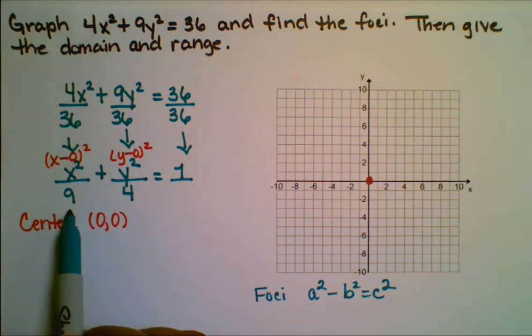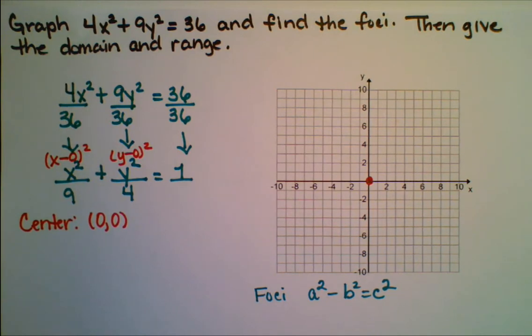The easiest way to identify your a squared term is to look at the highest number. Compare the two numbers in the denominator. Which one is the highest? Here it is the 9. So that would be our a squared.